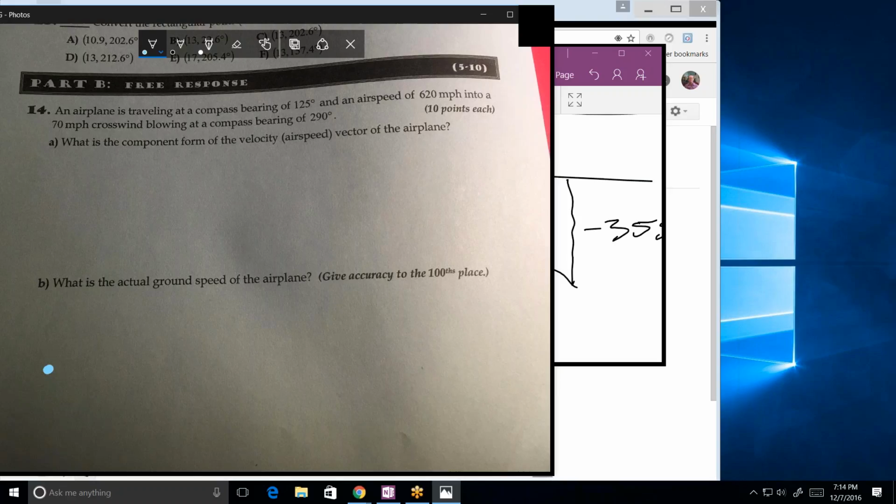Give me one more second, and I think I can find a sample problem that uses an airplane and wind and see what their terminology is and make sure that I'm not making a mistake. For some reason, I know that I have that.